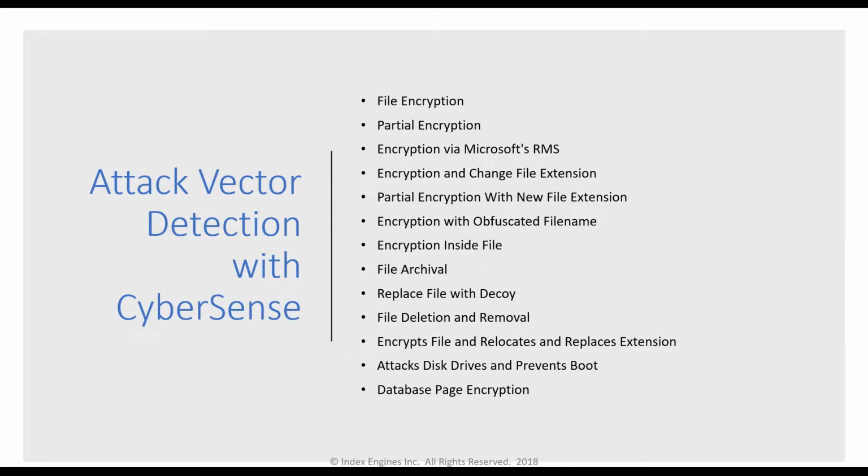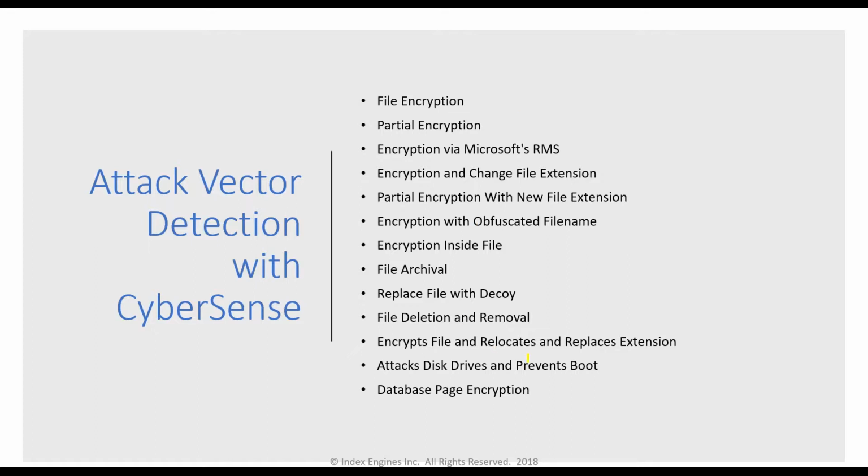So with CyberSense, the different attack vectors that CyberSense is focused on is a lot about encryption, file-based encryption, either full encryption or partial encryption, encryption where they change file extension. So it really looks at typical types of attacks where there may be encryption inside of a file or archival of files, replacing files with decoys or deletion of files and creation of new files.